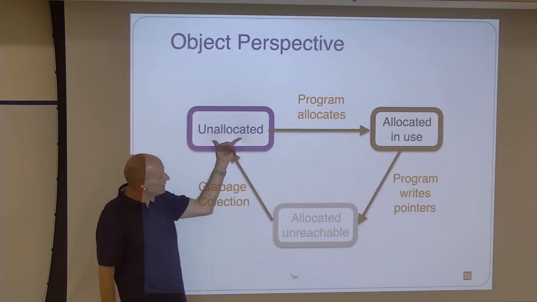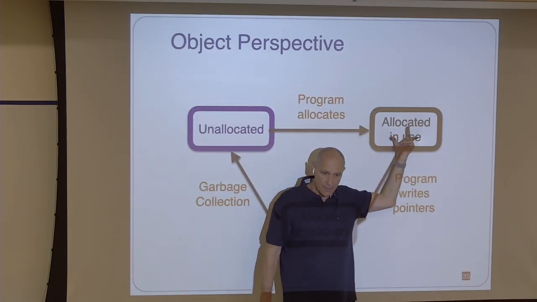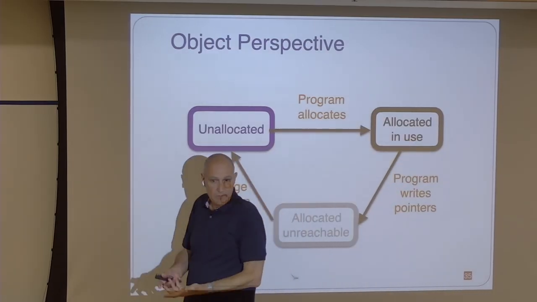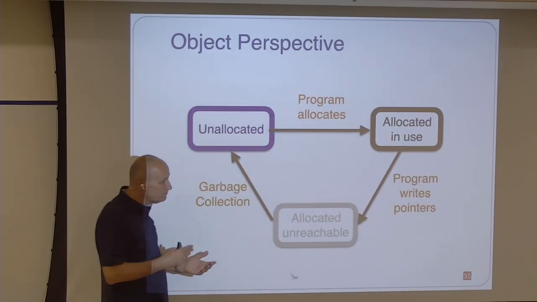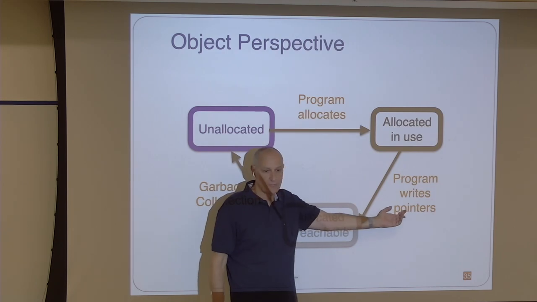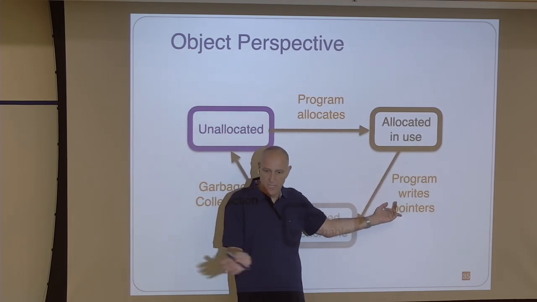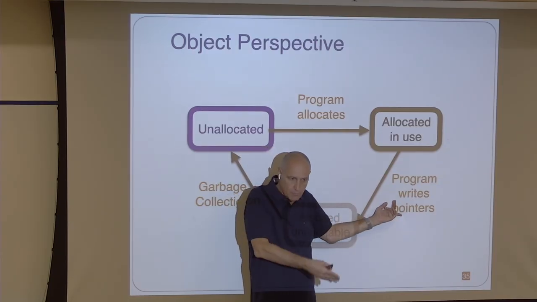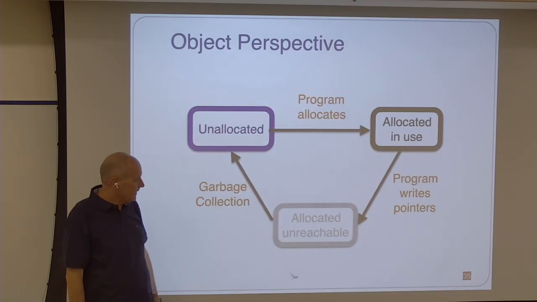It starts as unallocated, then it becomes allocated and in use by the program. And after a while, the program does not need this space anymore. And at some point, it also becomes unreachable because the program has written pointers, and now there is no pointer that's pointing to this space.